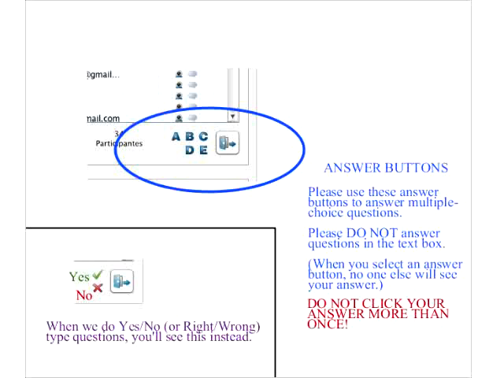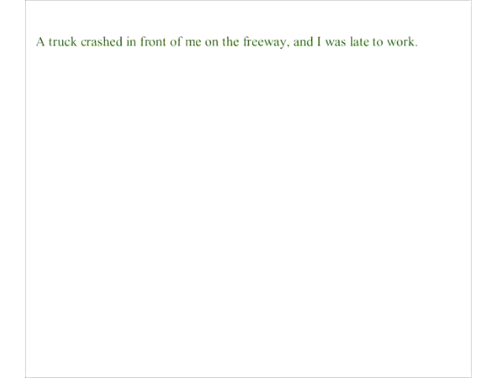Okay, let's go ahead and get started. Here's a sentence. Somebody tell me in the chat box, what's the significance of this sentence? In particular, according to this sentence, why was I late to work?